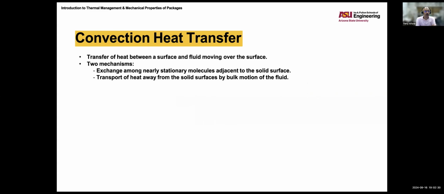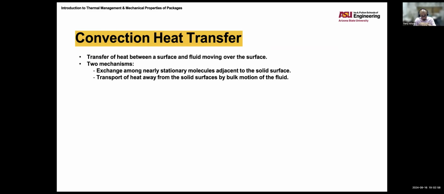So convection, as we stated earlier, is the transfer of heat from a surface by a fluid moving over the surface. So the fluid's function is to collect the heat and move it away. Now, two mechanisms: we get exchange among nearly stationary molecules adjacent to the solid surface.